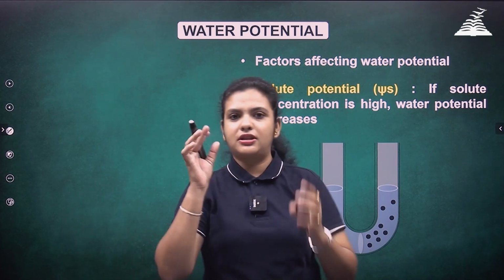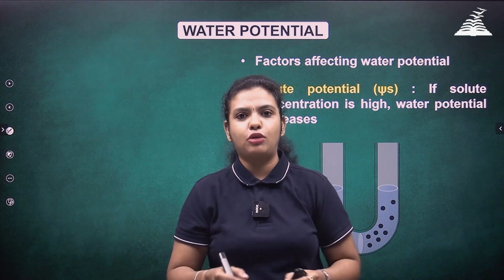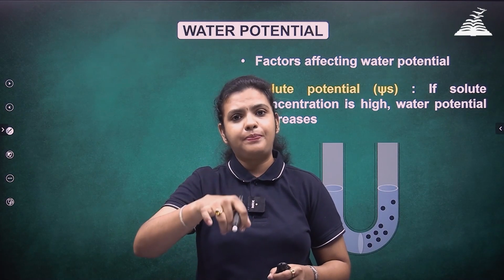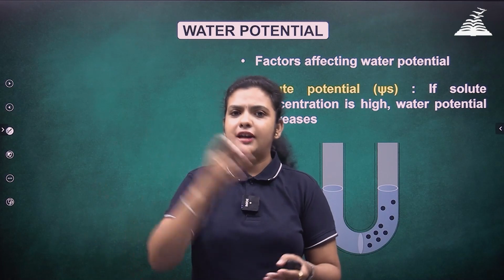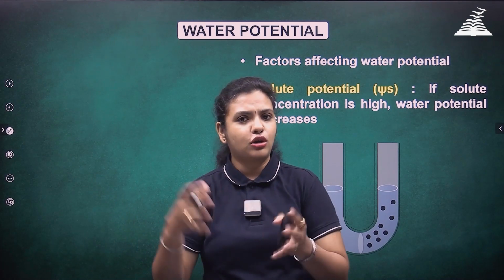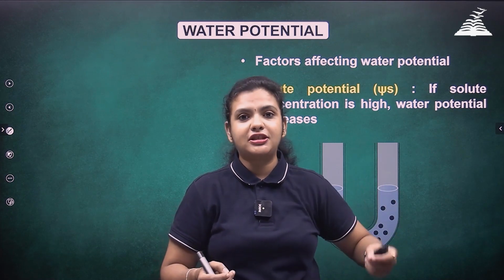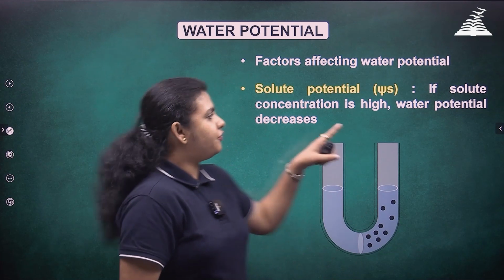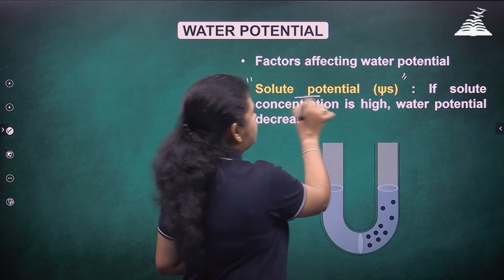A beaker with just water molecules, and then a sugar molecule comes and enters, right? So sugar here is your solute. What did the sugar do? Sugar came and started binding onto the water molecules, right? So sugar has affected the ability of water molecules to move freely. So the first factor is solute potential.